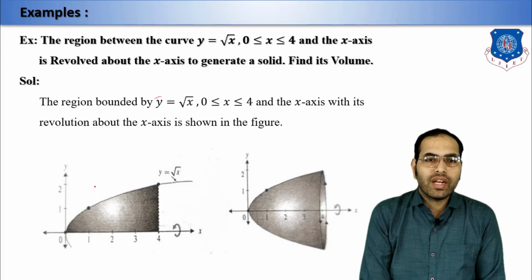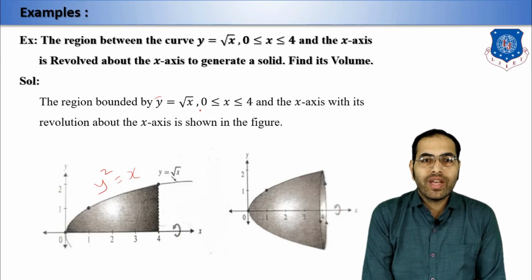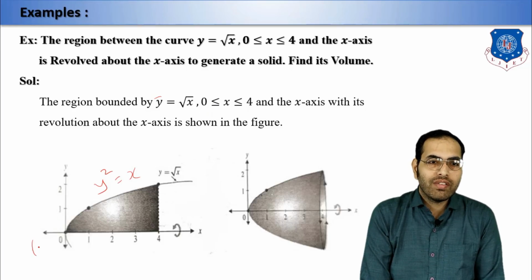Here in this graph is the parabola y square equal to x. Now x varies from 0 to 4, and this one is our origin 0, 0. This line, x equal to 4, which is parallel to the y-axis, bounds the region we consider.